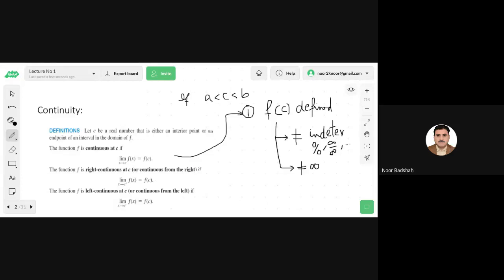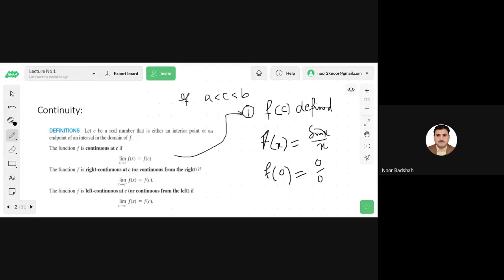So whenever you say f of C must be defined, these things should not be present in it. For example, if f of x is equal to sine x by x and somebody asks you what is f of 0, if we put x equal to 0 directly, that will give you 0 by 0.